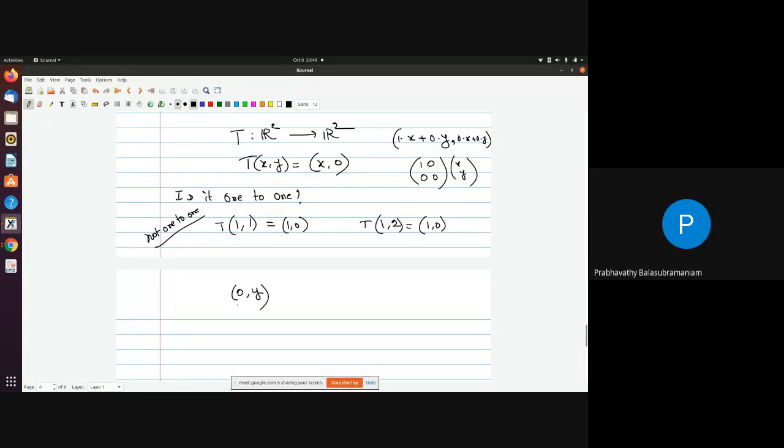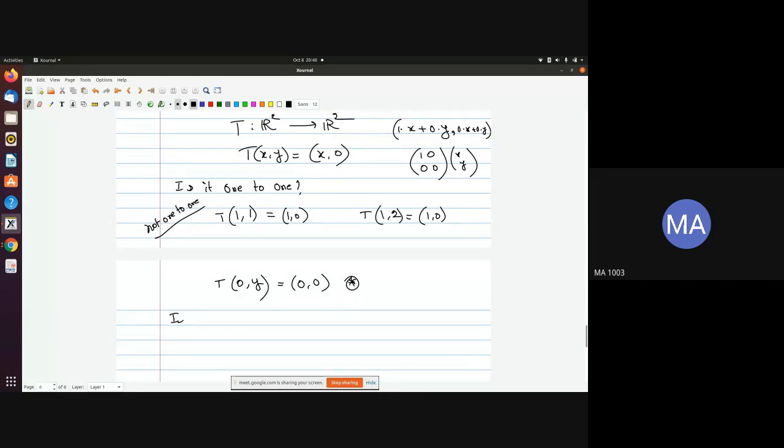If I take (0, y), then the image is (0, 0), right? For any y, all the elements on the y-axis will go to 0. Okay, so remember this point; I will come back to this. So this is not one-to-one. That is at least clear.